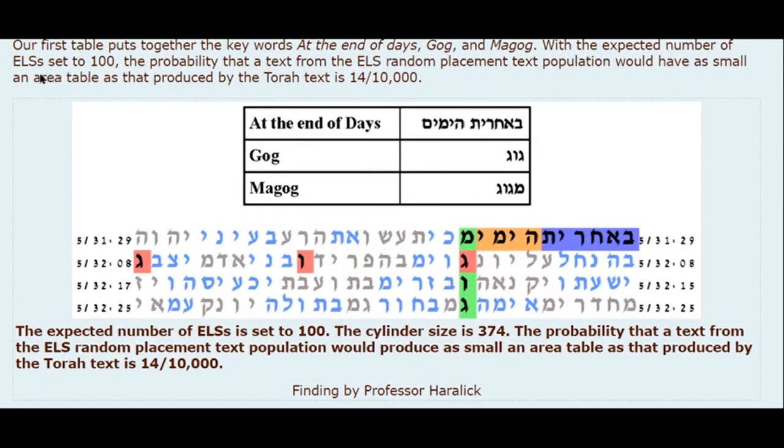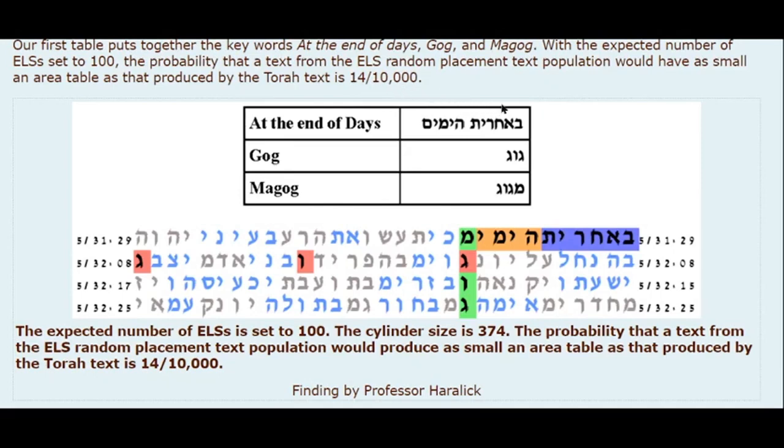ELS, as mentioned many times, is equidistant letter sequence, from letter to letter with the same skip of letters. The probability that a text from the ELS random placement text population would have as small an area table as that produced by the Torah text is 1.4 in 10,000.